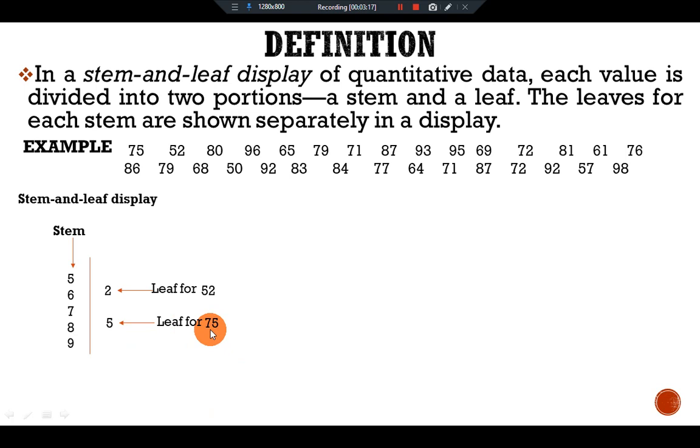So we observe our data set starts from 5 to 9 for all the scores that students got in the statistical test.